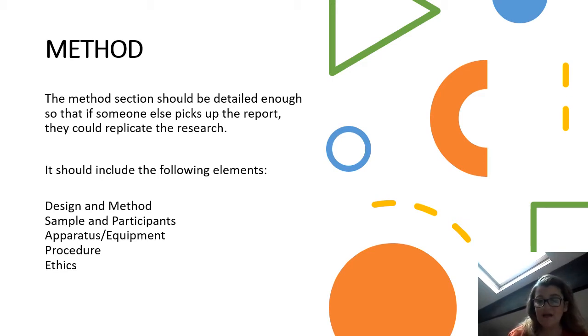Also as well in the exam, and it tells you they're in bold in your booklet, you could be asked to write standardized instructions. Now with standardized instructions, you've got to write them as though you are the researcher there.